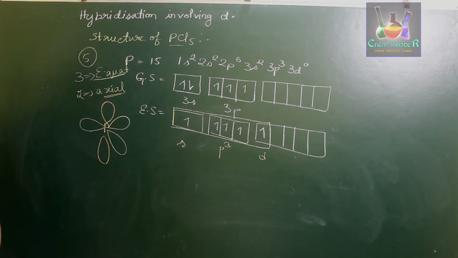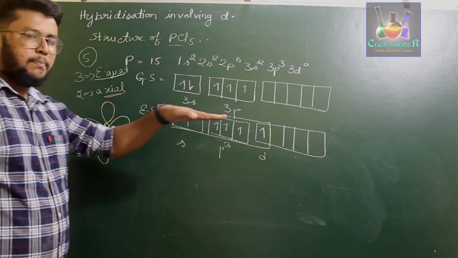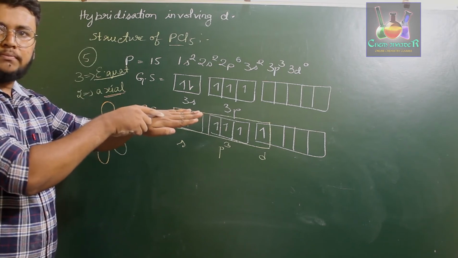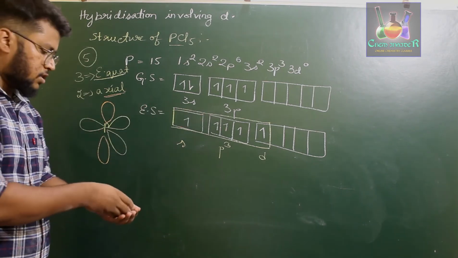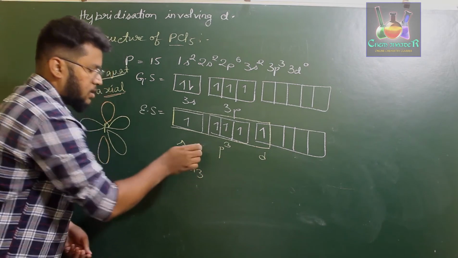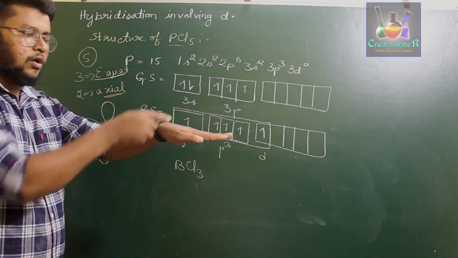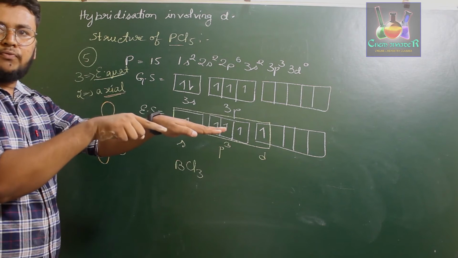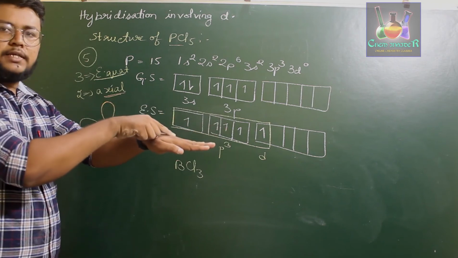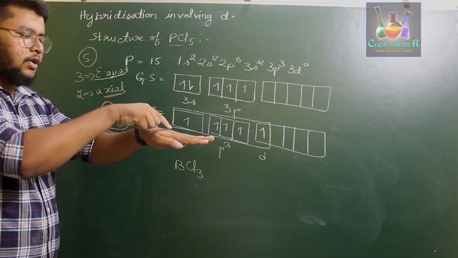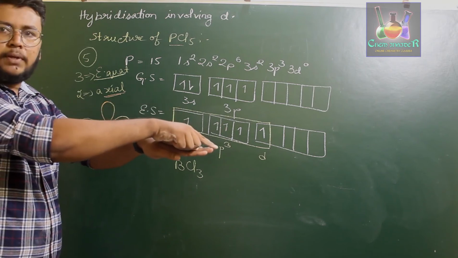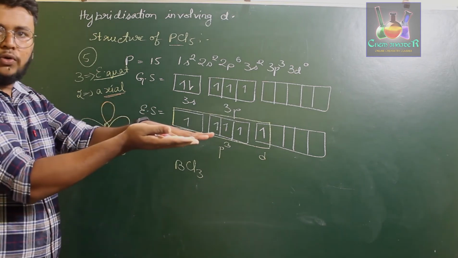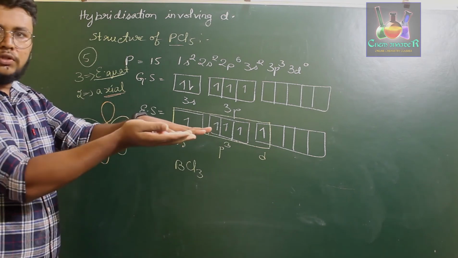If you consider the geometry, say this is the plane of PCl5, phosphorus will be present at the center, similar to the BCl3 structure. In BCl3, if you consider this as the boron, we had one chlorine here, one away from the observer, and one towards the observer. Similarly, for PCl5, with P at the center, one of the three equatorial hybrid orbitals will be in the plane, one towards you, and one away from you, all in the same equatorial, horizontal plane.